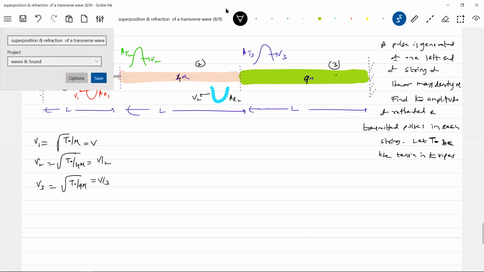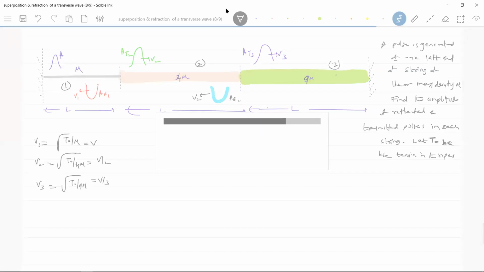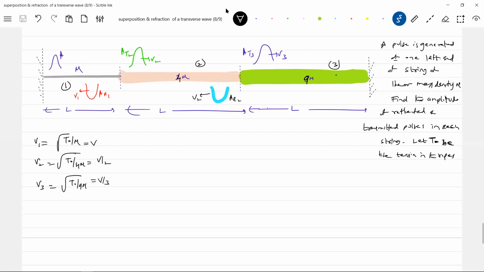Okay, there's a basic necessary condition. We are interested in AR1, so first we'll calculate one by one. AR1 should be equal to the speed of the wave in the denser medium minus that in the, what is V2? The speed of the wave where the transmitted pulse is present. I made some changes because I wanted to reflect some concept.